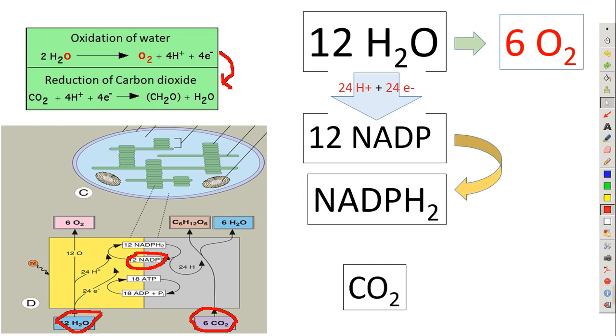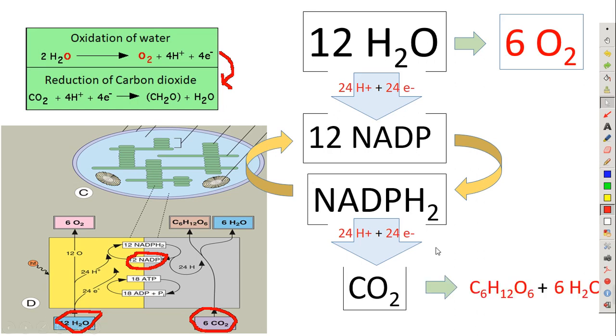The story has it said, "Oh no, I've become NADPH2." And then NADPH2 said, "Oi, CO2, do you want some electrons?" And CO2 said, "Well, yes, my good friend, I love receiving electrons." And in the process, NADPH2 became NADP, and CO2 became glucose and 6H2O.